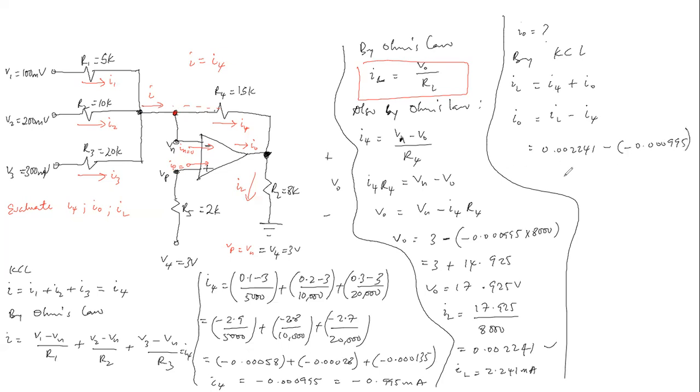So this is going to give us 0.002241 plus 0.000995, and that's going to give us 0.003236. Therefore, the output current is 3.236 milliampere.